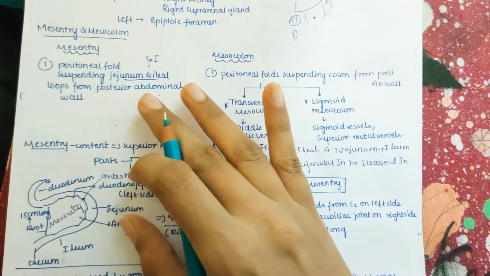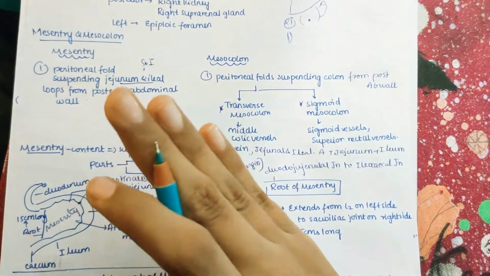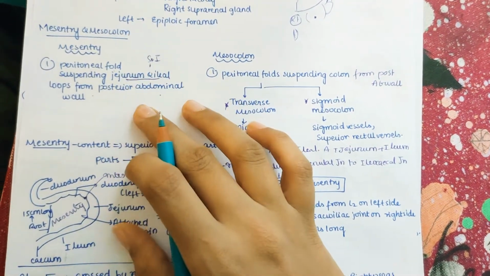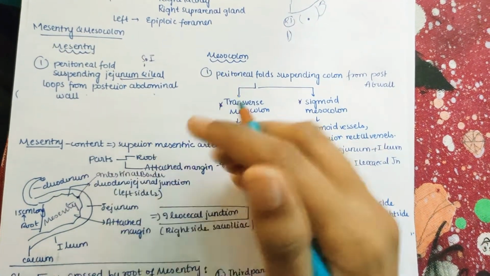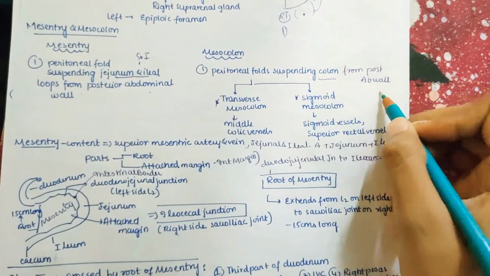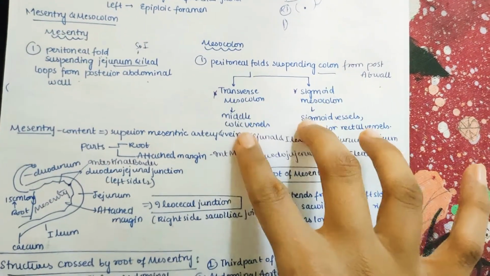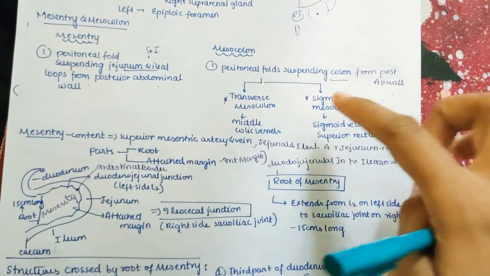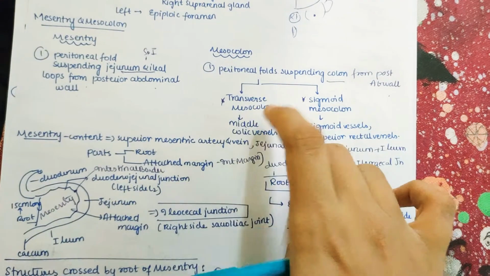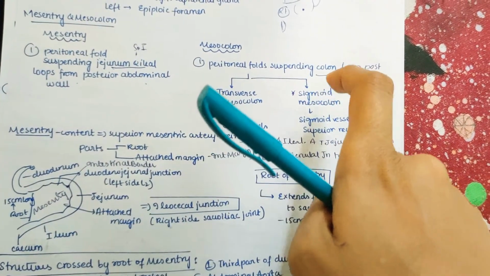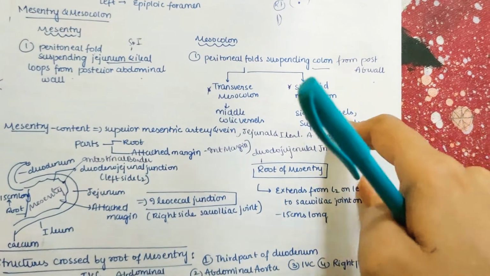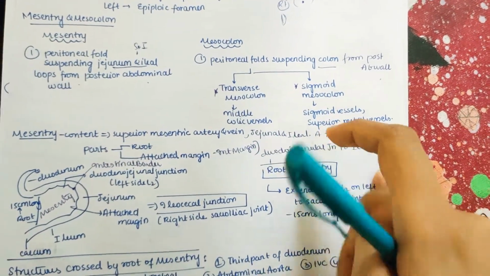So what is the difference? The mesentery suspends only the small intestine from the posterior abdominal wall, whereas the mesocolon suspends only the colon, and in turn it is divided into transverse mesocolon and sigmoid mesocolon. The transverse mesocolon has the middle colic vessels, whereas the sigmoid mesocolon has sigmoid vessels and superior rectal vessels.